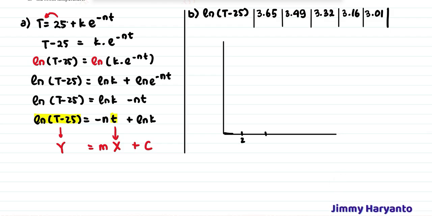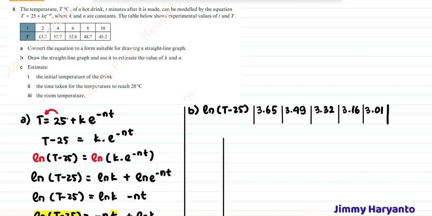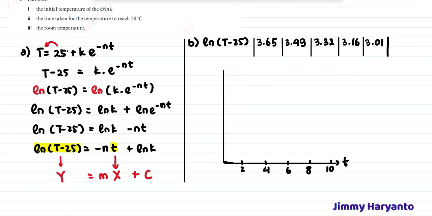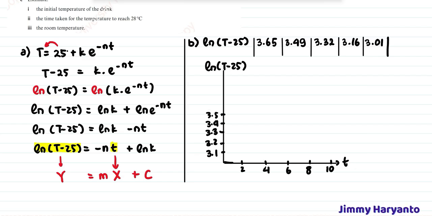This one is the t, and this one is ln(T minus 25). The ln(T minus 25) starts from 3.00, so I can make this into 3.1, 3.2, 3.3, 3.4, 3.5, 3.6, 3.7.